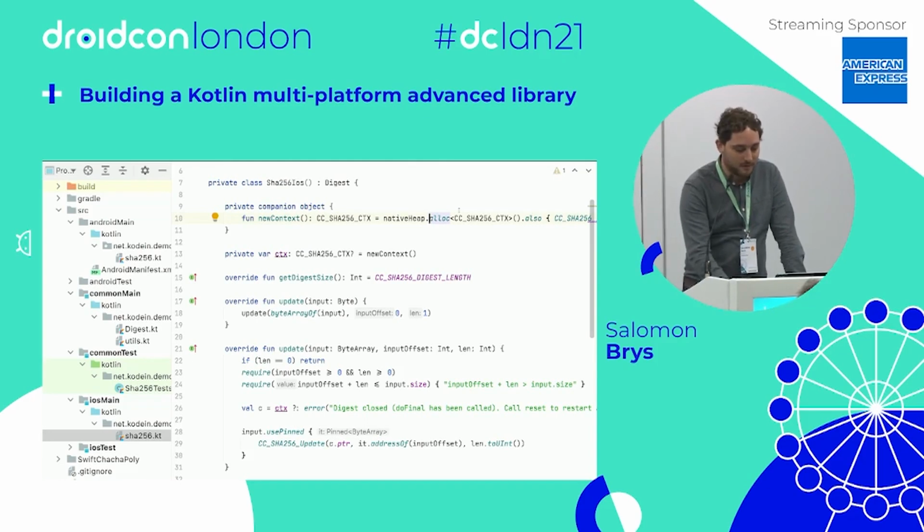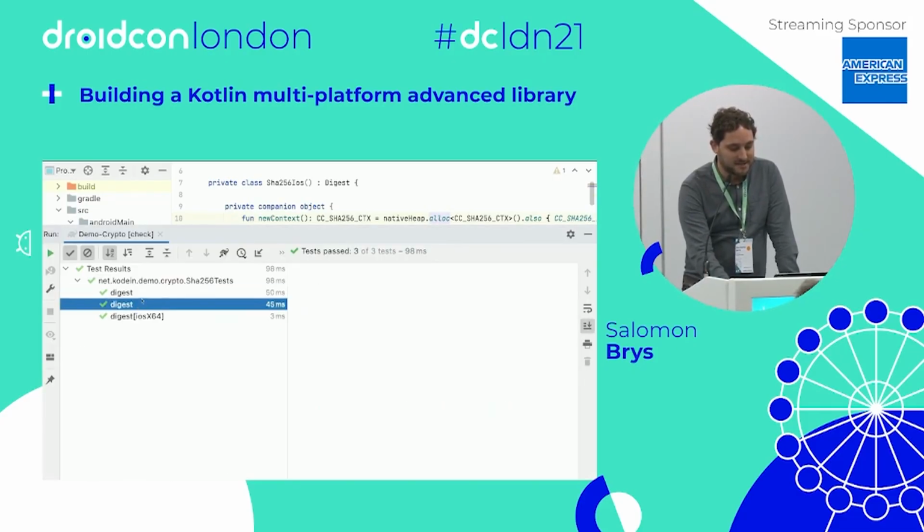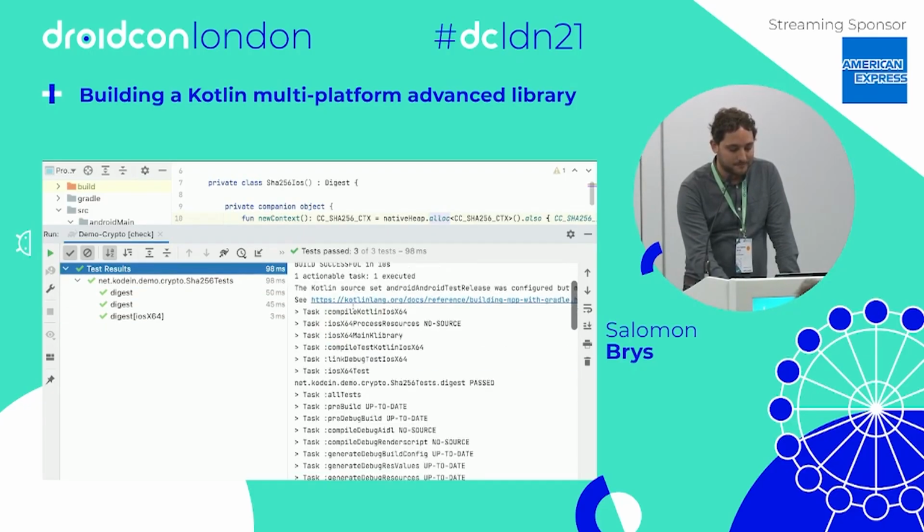So that's pretty powerful, and I ran the test just before starting. You can see that there's two success because Android runs the test twice, one for release, one for debug, and then it also works in iOS.